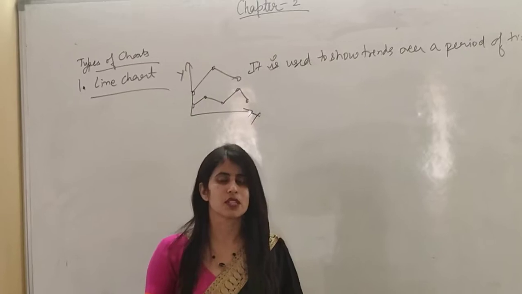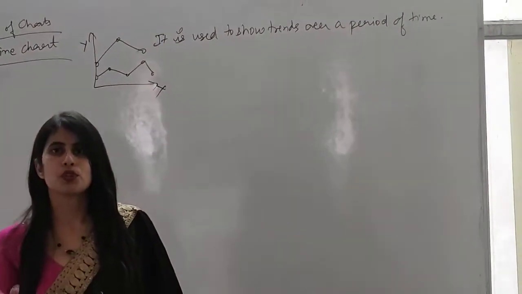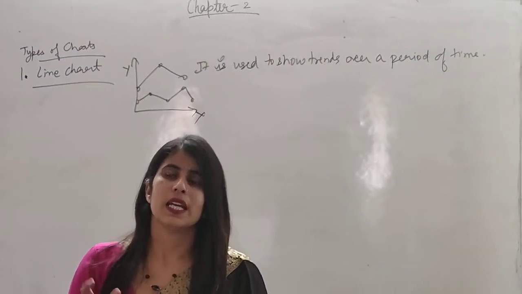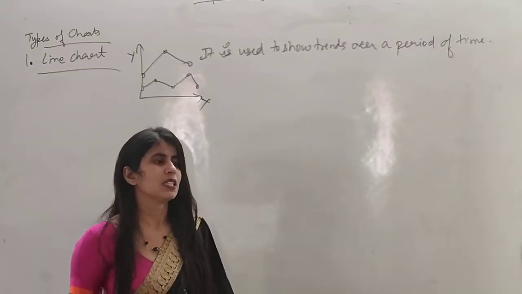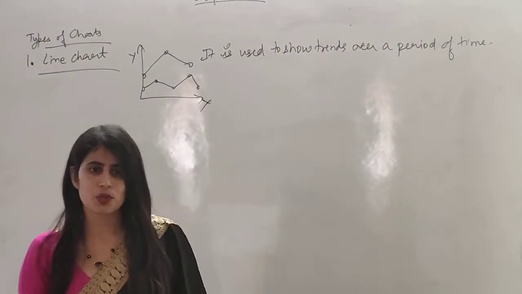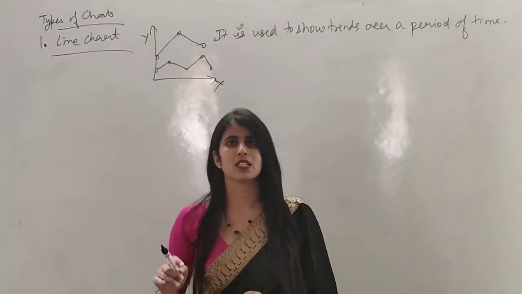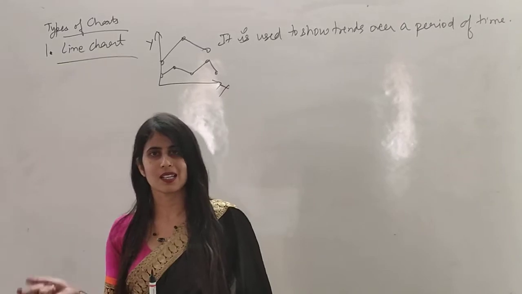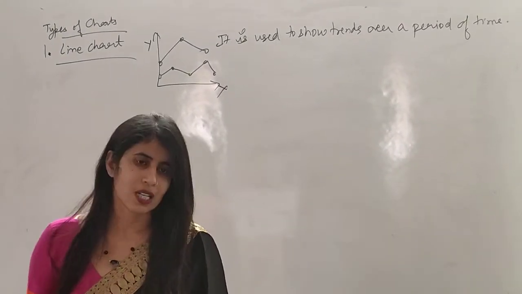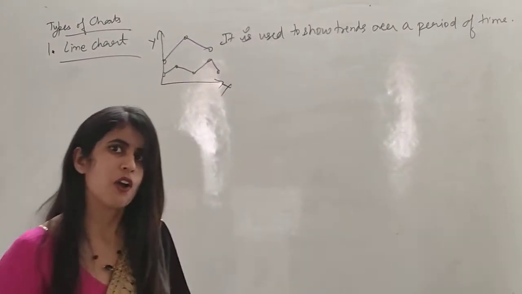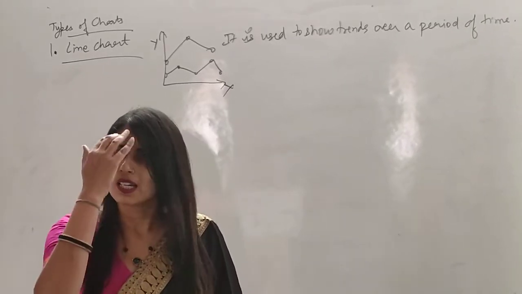Because it is using vertical bars to show the trends. In this column chart, the category axis, or you can say horizontal axis, is used to represent the categories, and on the vertical axis we represent the values that are in the chart.